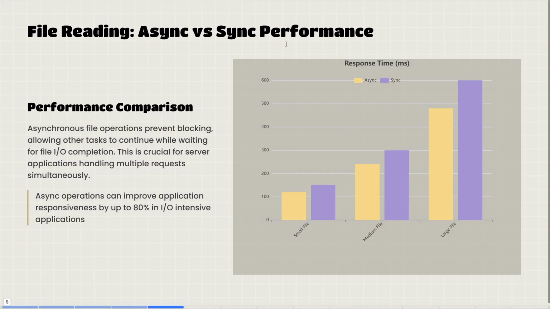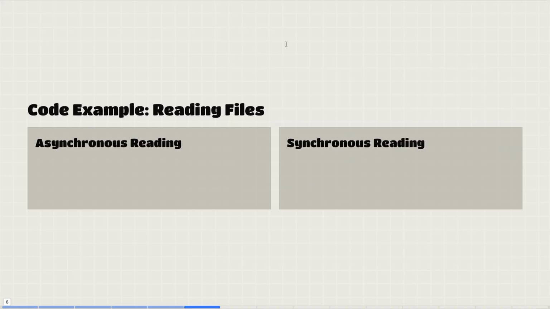Synchronous operations, on the other hand, block execution until the file operation is complete. In server applications, asynchronous operations can improve responsiveness significantly, especially while handling multiple users or large files. This is why Node.js strongly encourages asynchronous input or output.